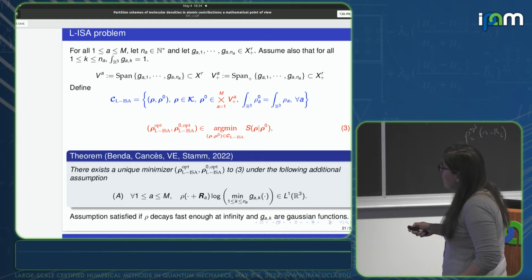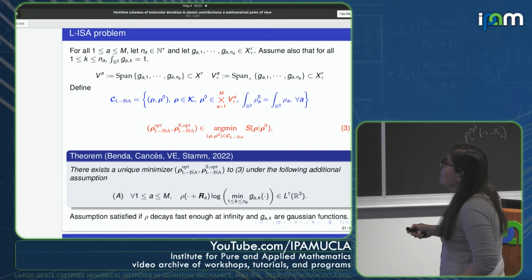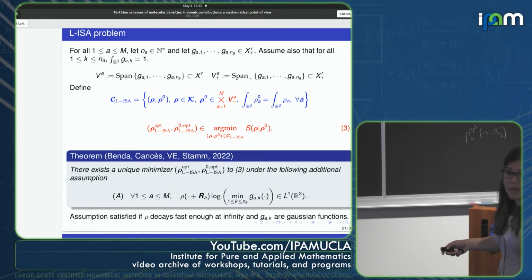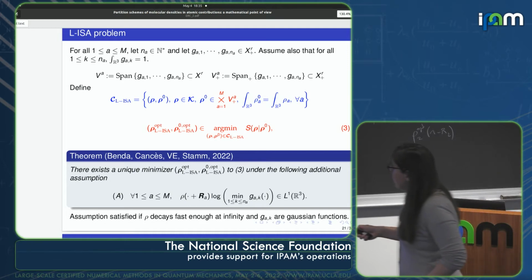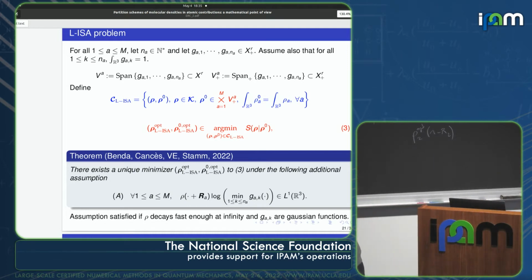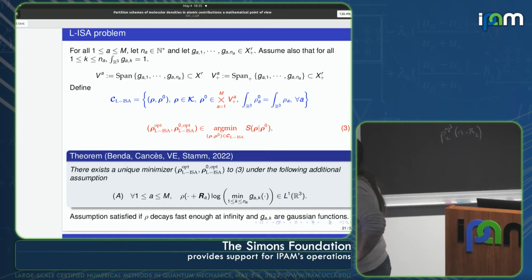Okay? And I'm going to define another minimization set, C_L-ISA, which is the discrete counterpart of the C-ISA set I've introduced before. Okay? And it will be the set of couples rho, rho 0.